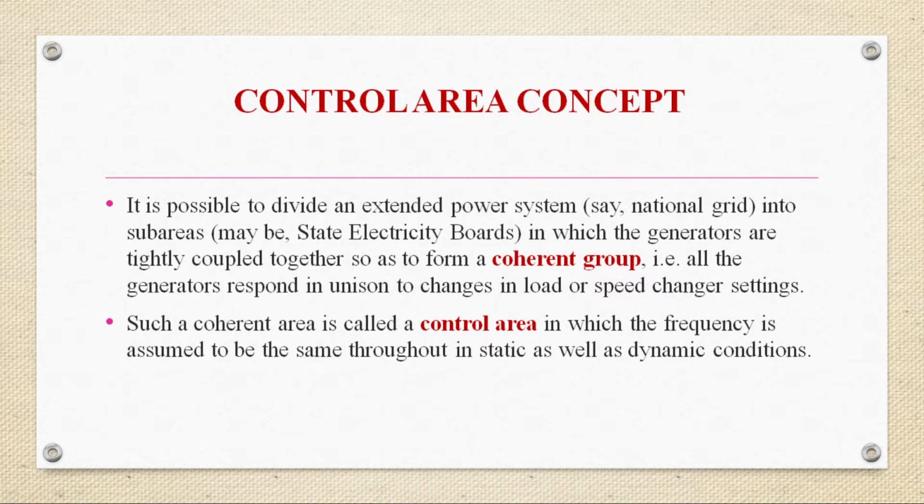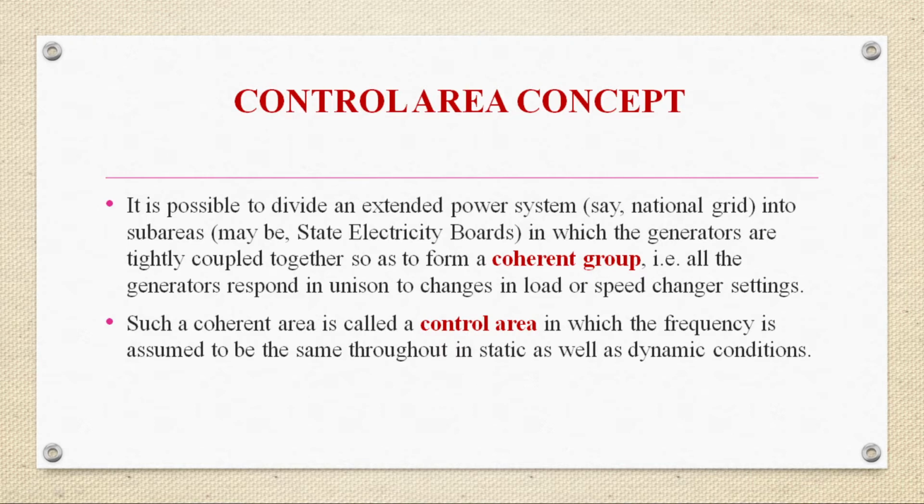Such an area where there is a coherent group, in which the frequency is assumed to be the same or constant, is called a control area. So there is a group of generators which are tightly coupled to each other, where any changes in load or speed changer settings will make all the generators work at a time.